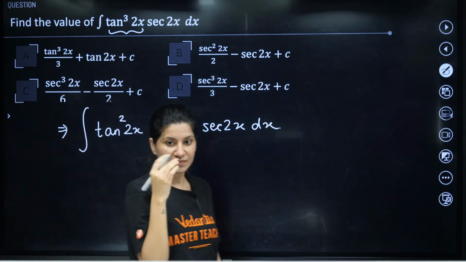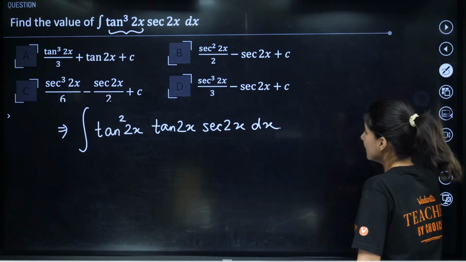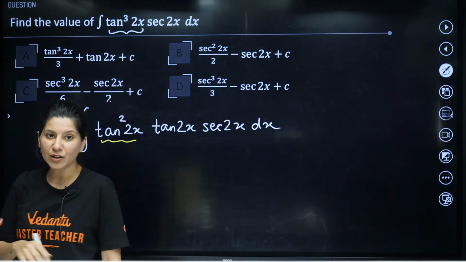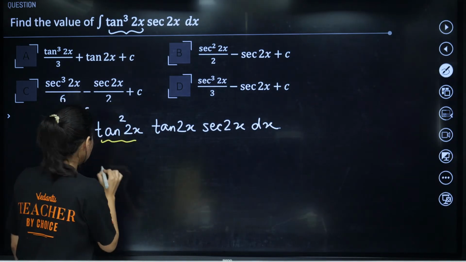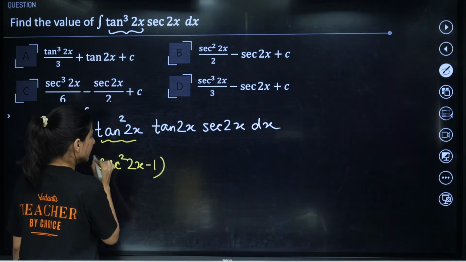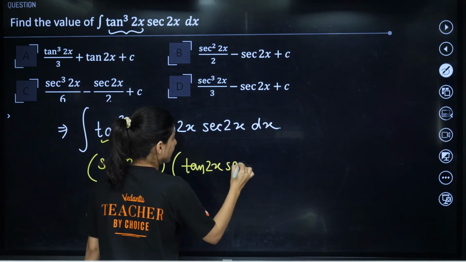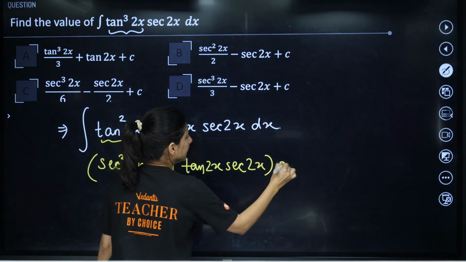Because we are simplifying, we are manipulating, this tan square 2x is going to become sec square 2x minus 1, and this is tan 2x sec 2x dx.